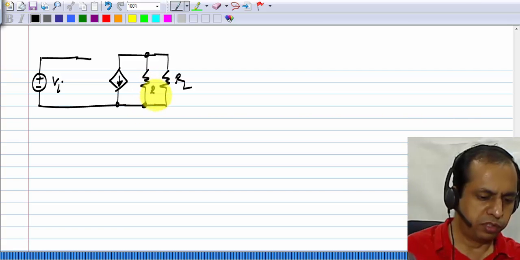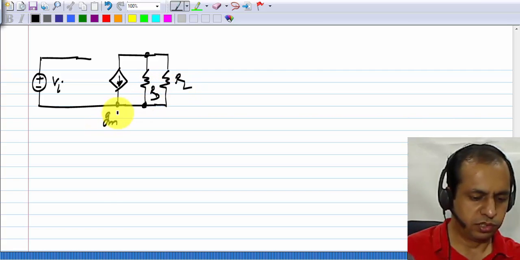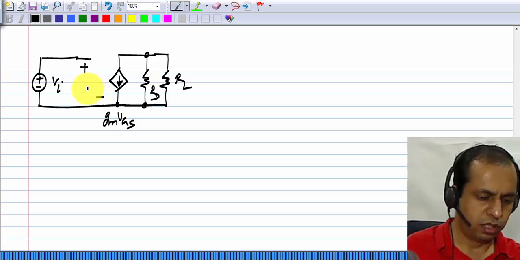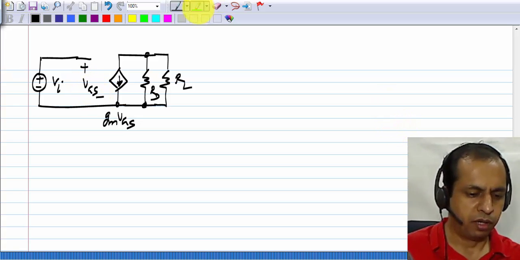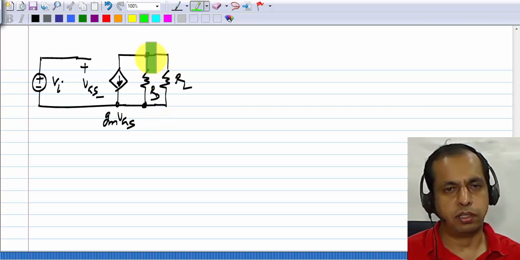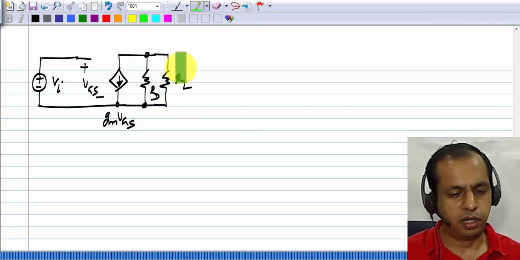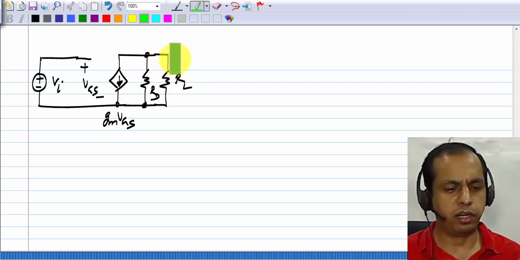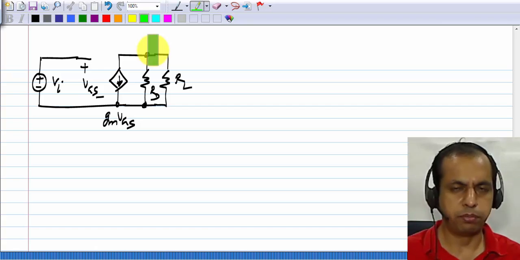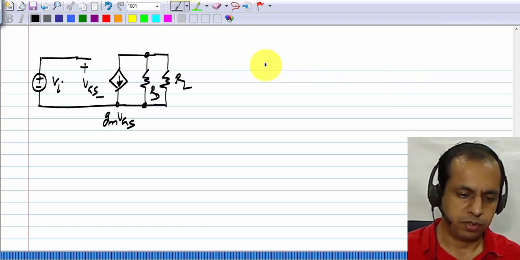I'll also show RD because we're going to use it anyway. This is GM VGS and this is VGS. Now remember, RD is what we use for biasing on the drain side, and RL is the load we AC couple to the common source amplifier. We have already learnt all these things, so we are going to use them.